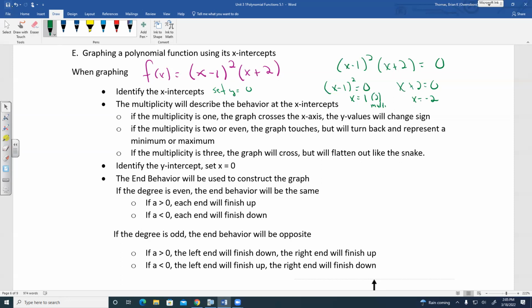So what's so important about this multiplicity? The multiplicity will describe the behavior at the x-intercepts. If the multiplicity is 1, the graph crosses the x-axis. In other words, the y values will change sign.